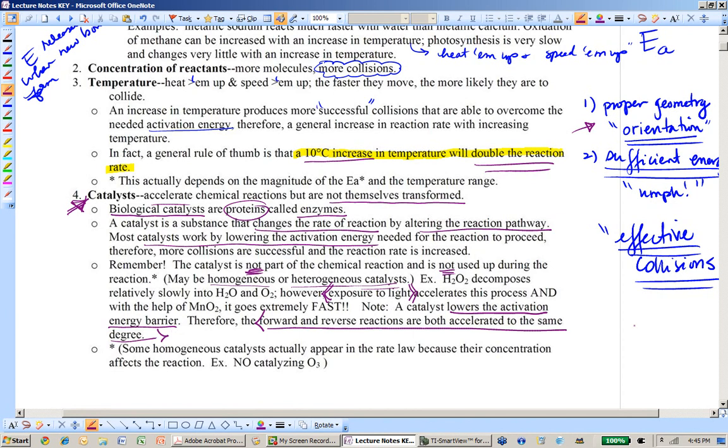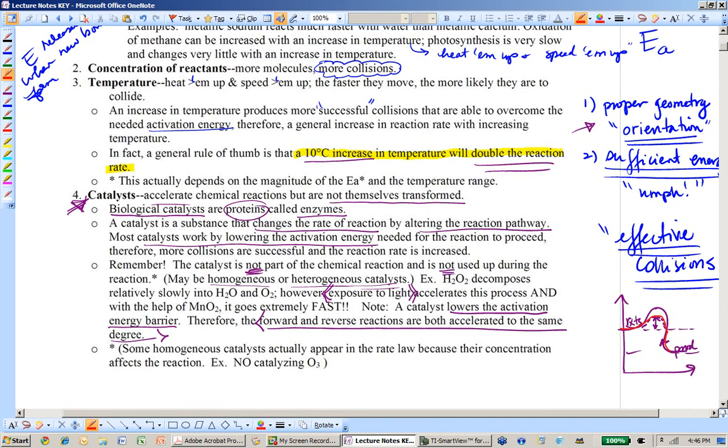Whether you're talking about the forward reaction, which, as I said earlier, we typically think of these as reactants and these as products, but you know reactions are reversible. And so if we talk about the reverse reaction, we'll be headed this way up the graph. And so if I put in a catalyst that's going to lower the amount of energy needed for this reaction to take place, I'm telling you, it works this way.